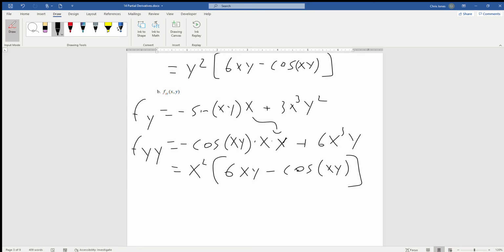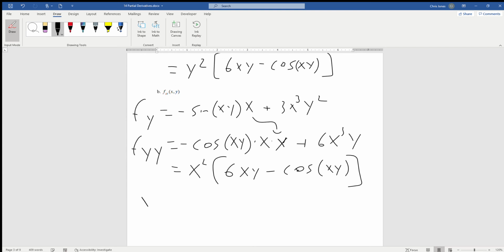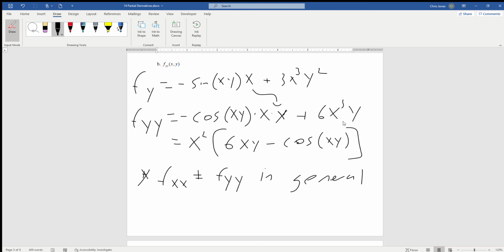Notice that the two functions are very, very similar, but they are not the same. As a general rule, fxx is not equal to fyy in general. Now there are a few functions where that is true. For instance, what if we had 3?